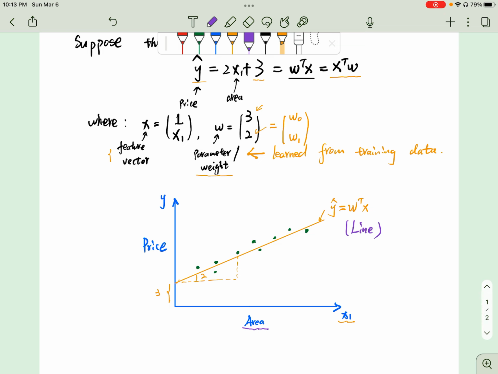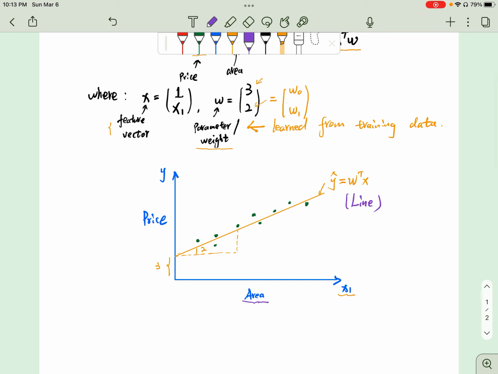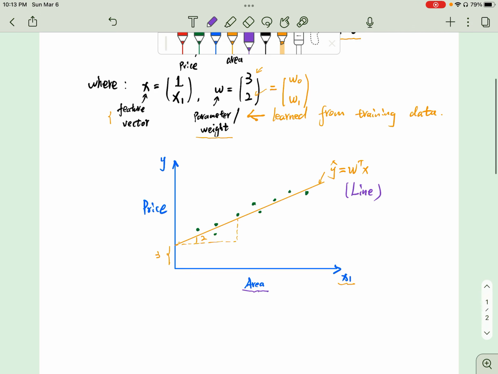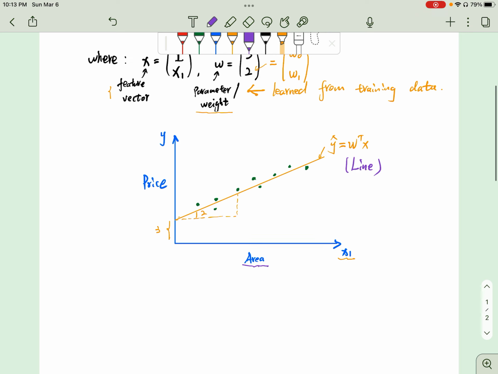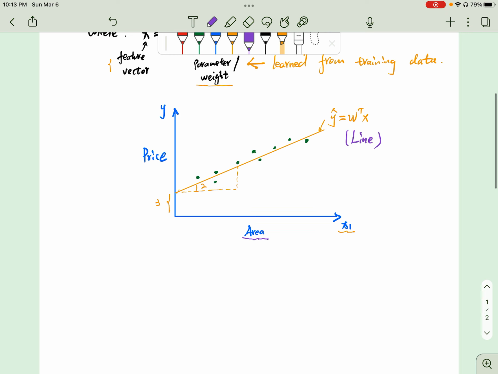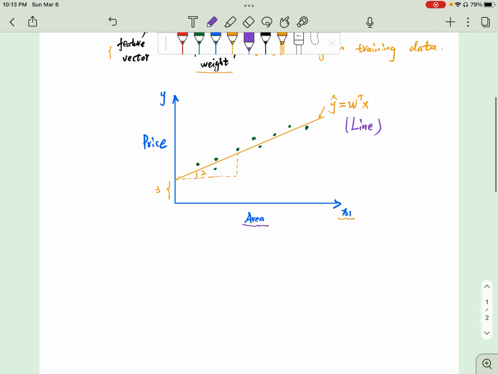You may ask, why can't I predict price using two or more features? Of course you can do that. We cannot determine the price of a house by just its area. It is determined by many things.